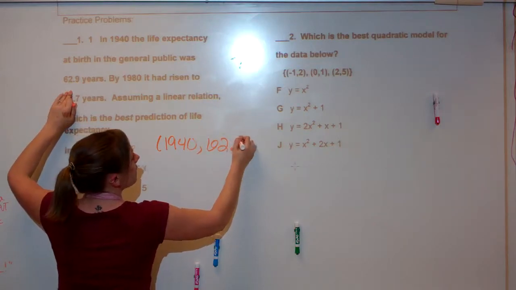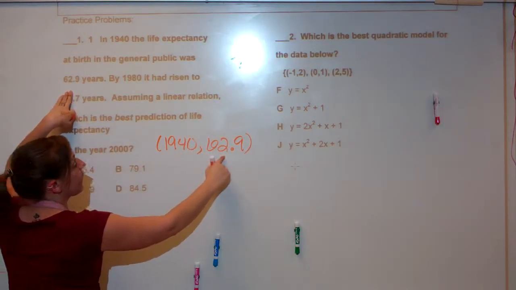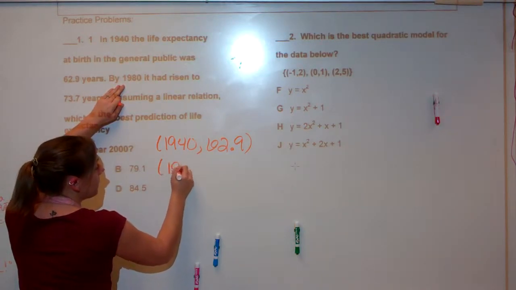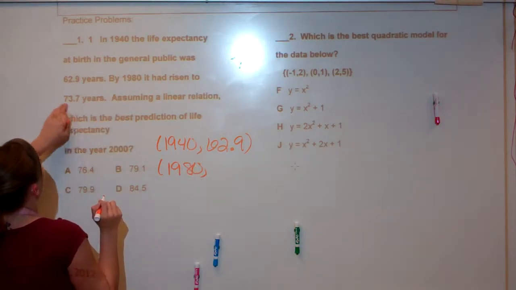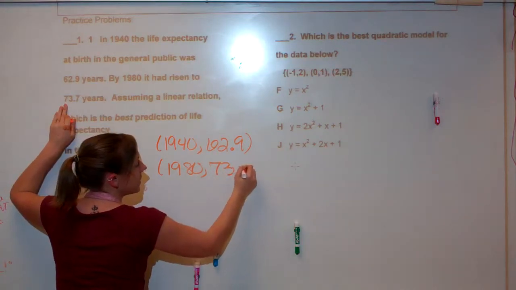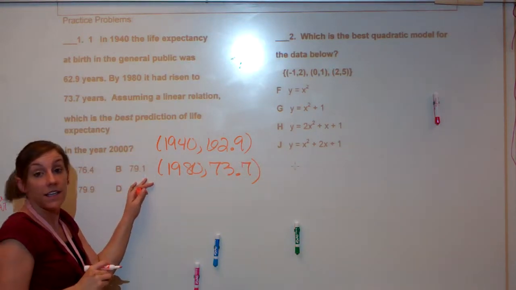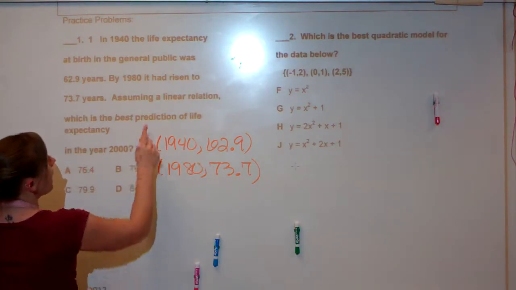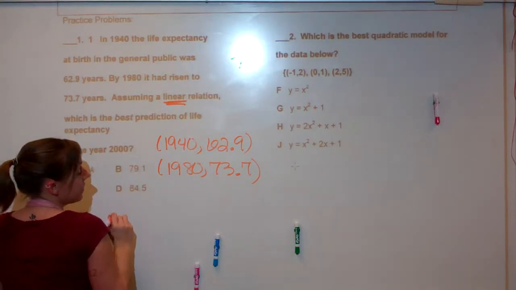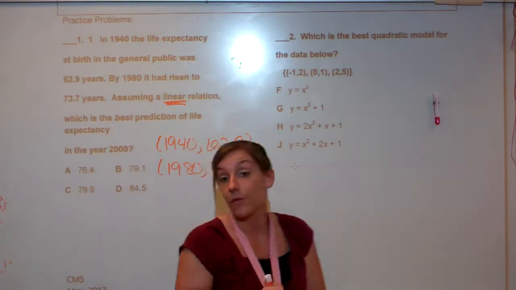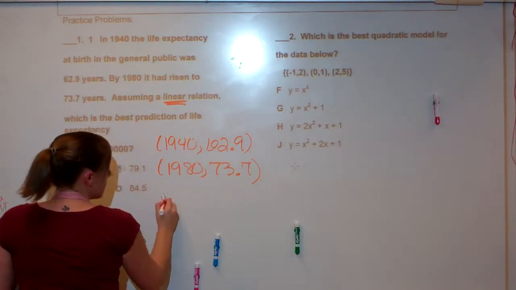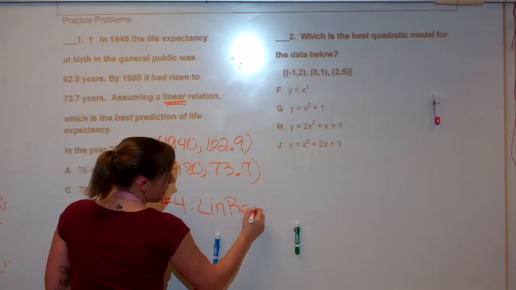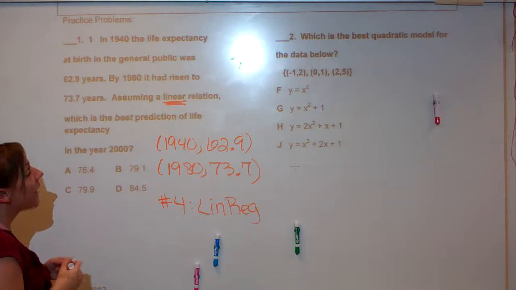This is how many years have gone by. So your input of 1940, your output is 62.9, and then the other point would be 1980, and an output of 73.7. So if you put those into that stat, into L1 and L2, then it says linear relation, so you would choose number 4, which is the linear regression.